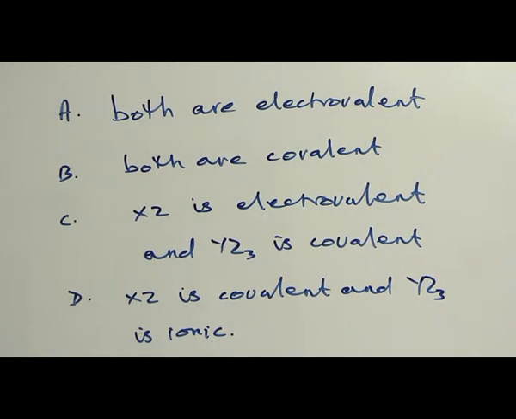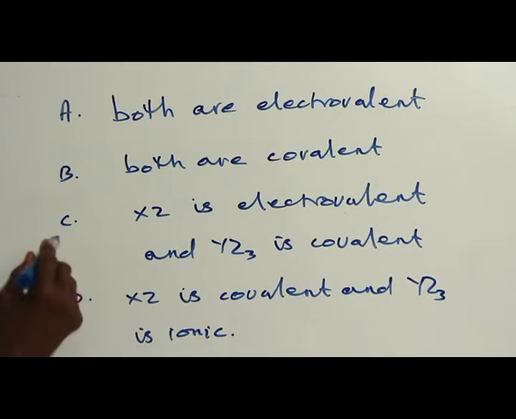D, XZ is covalent and YZ3 is ionic. No, XZ is electrovalent because it is a bond between a metal and a non-metal. That of Y and Z is covalent because it is a bond between two non-metals. So the correct option is C.